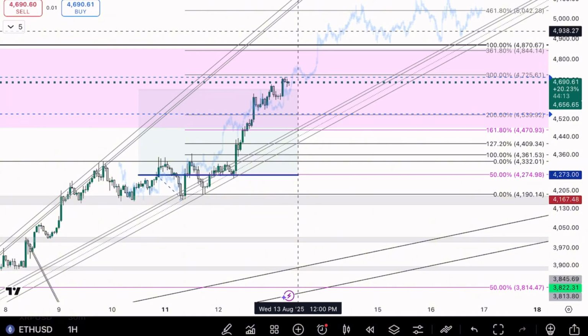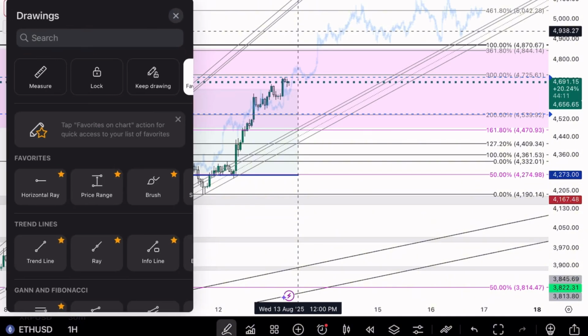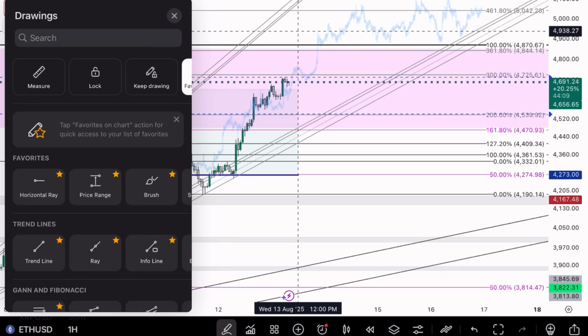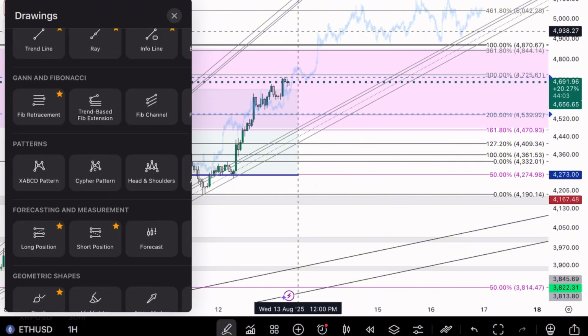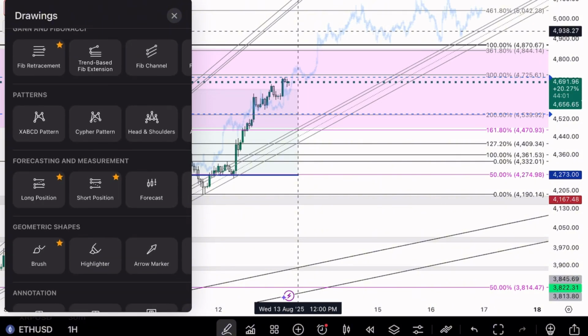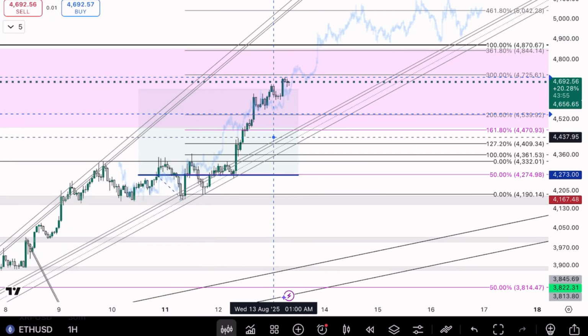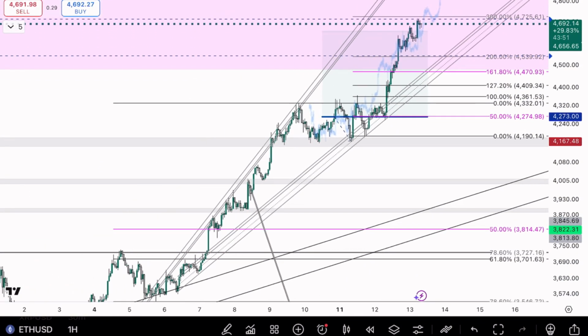What you do is go down here to your drawing, the little pencil icon, and then you go down to where it says forecasting and measurement, and then you're going to go to bars pattern. I have to do it again.